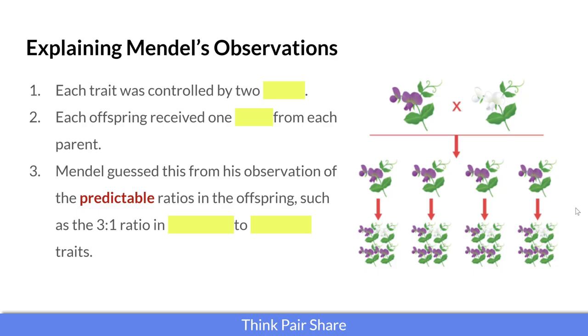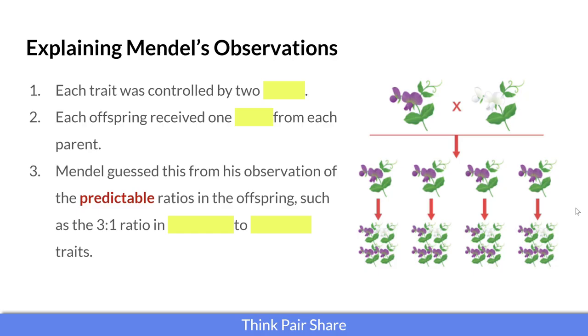Who did I not call on? Jaren, can you read the sentence? Mendel. Louder. From observation of the predictable rate of such a 3 to 1 ratio and dominant to recessive traits. Very good. Right.